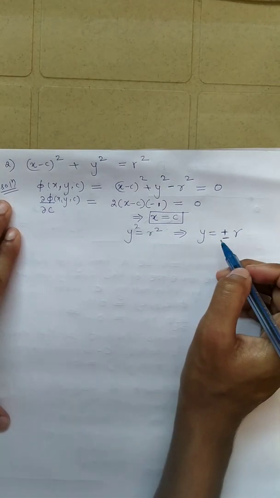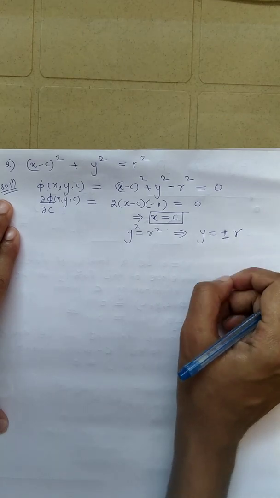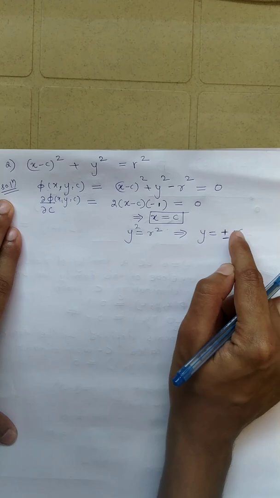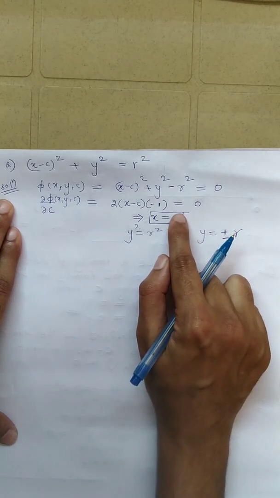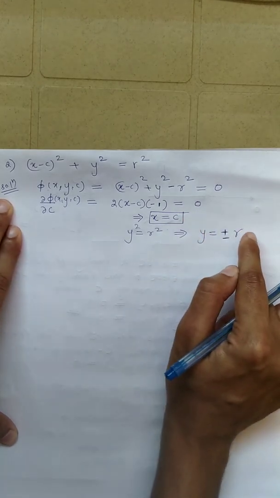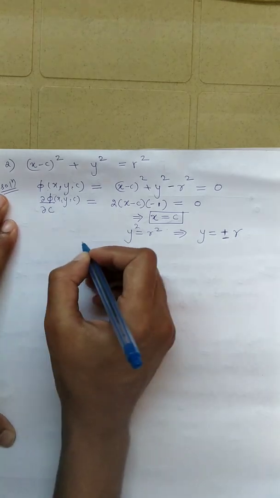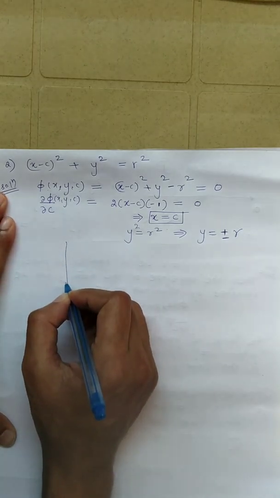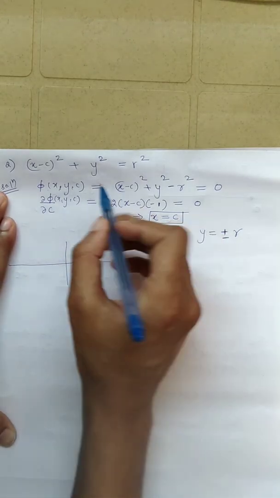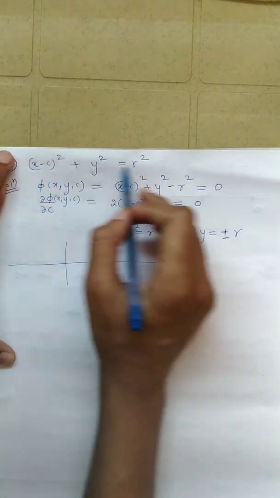Okay, now the c discriminant will be the locus of these points, that means (c, r) and (c, minus r). Okay, so if you see here, how will this family look like?